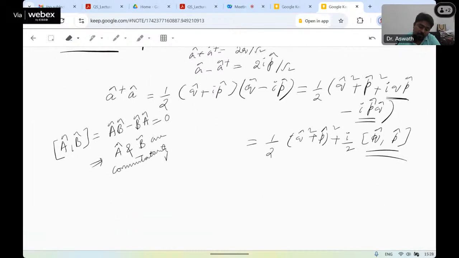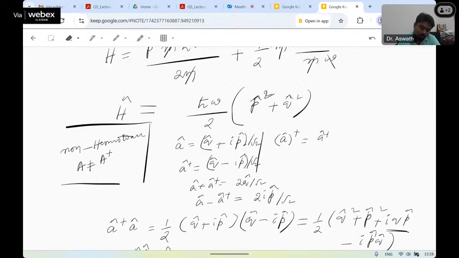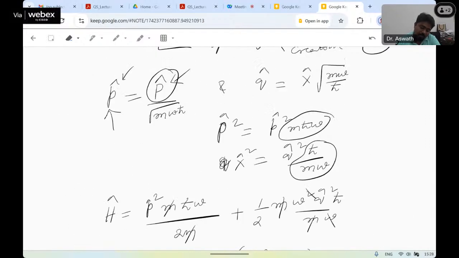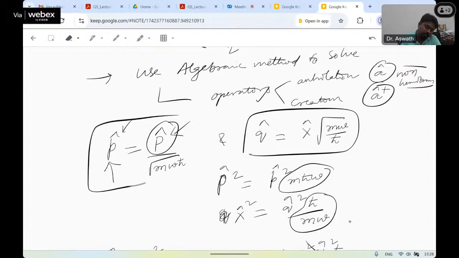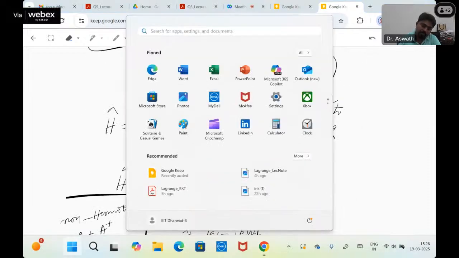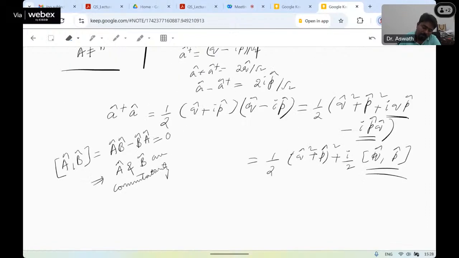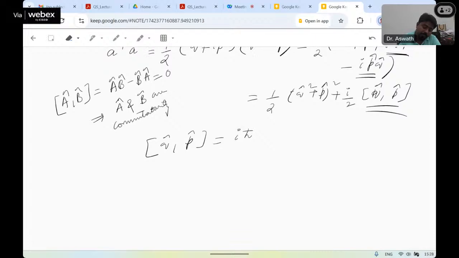What is this commutator of q with p? You can easily find it by substituting what q is, which I introduced earlier, and what p is. By substituting explicitly, you find the commutator of q with p is equal to i h cross. You might be surprised how q and p give i h cross. Remember, capital P is minus i h cross dou by dou x, and capital X is simply x.